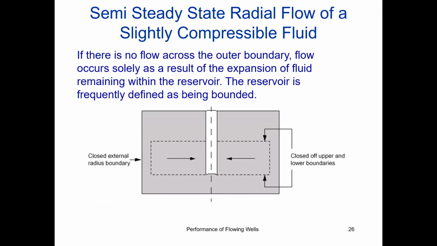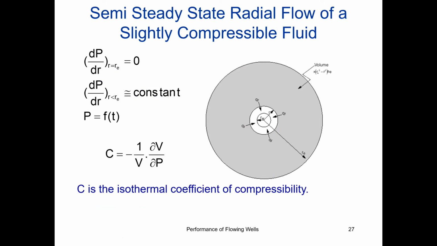Semi-steady state means that the pressure will drop, but they are like parallel lines. dP to dr does not change. So dP to dr is 0 at the reservoir boundary, and for r less than RE it is constant.